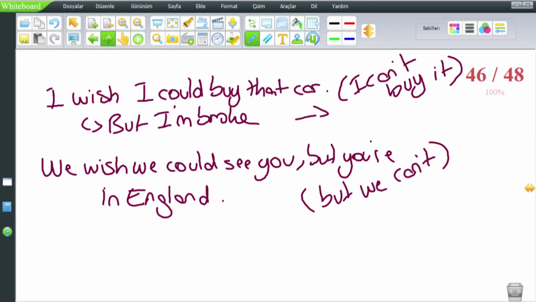She can't come with me. I wish I could buy that car, but I am broke. I'm not capable of buying that car. I am not able to do that. We wish we could see you, but you're in England. Since you're in England, it is impossible for us to see you right now.